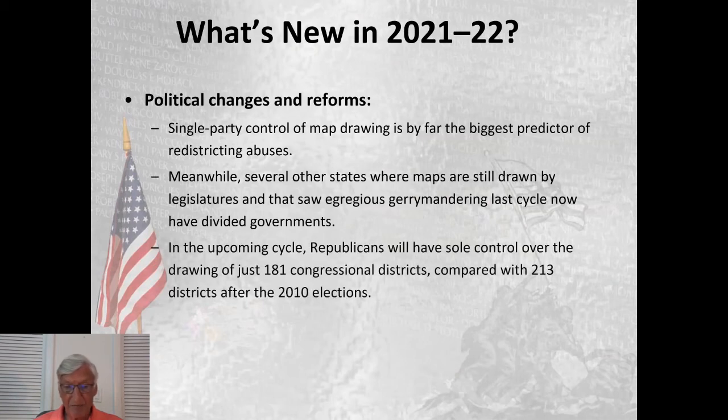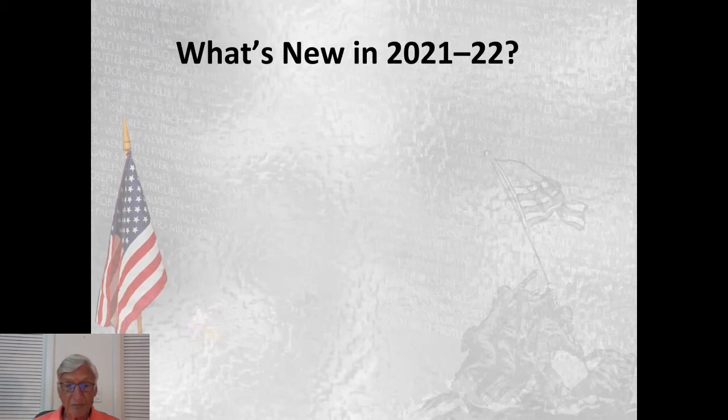In the upcoming cycle, Republicans will have sole control over the drawing of 181 congressional districts. Now, that's bad, but previously, after 2010, they were controlling 213. So that has been a little bit more equitable.